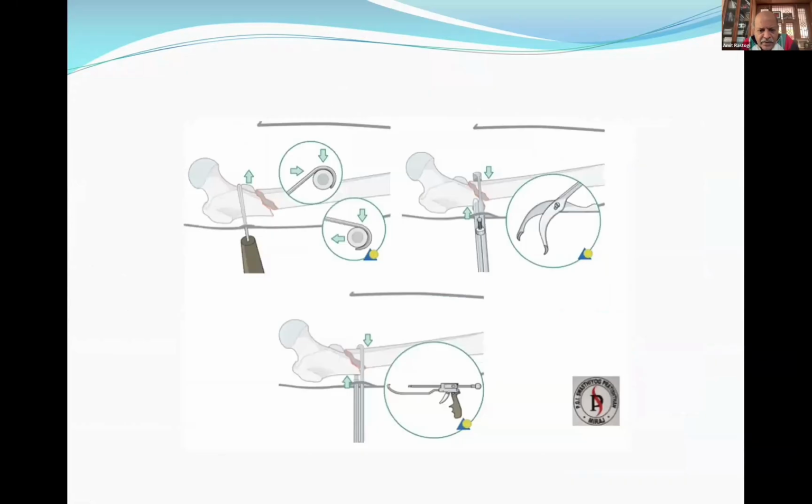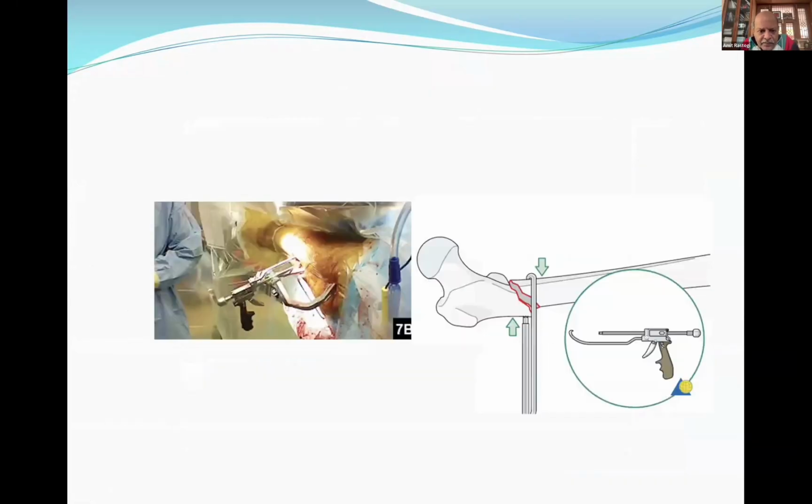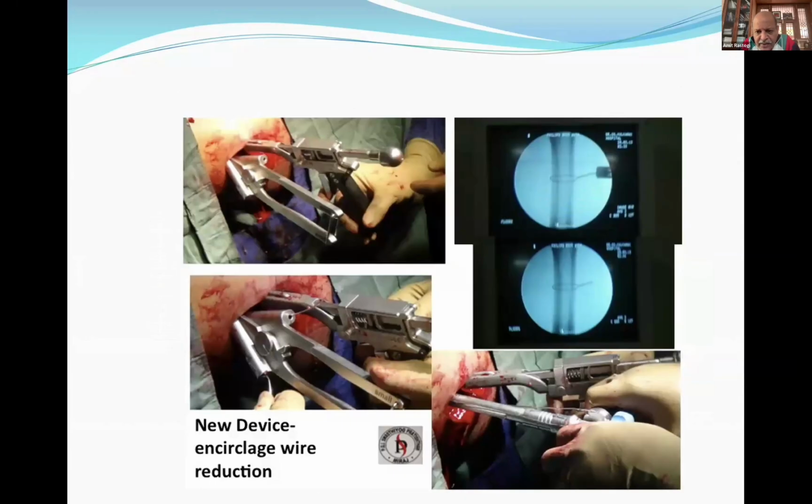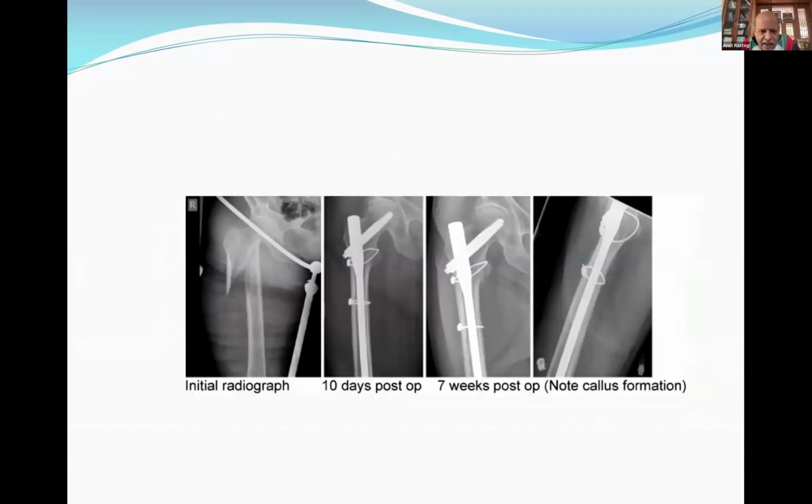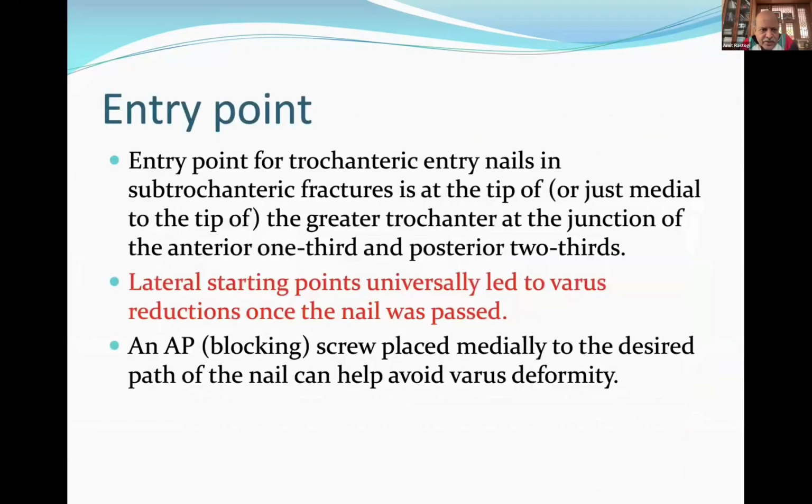These are very, very useful, especially in a reverse oblique scenario, where you can put this in, pull with one portion of the collinear clamp and push with the other portion to get a good reduction and avoid varus. And then you can use the same device to put in a cerclage wire for temporary stabilization. And then you can happily nail this fracture without any issues.